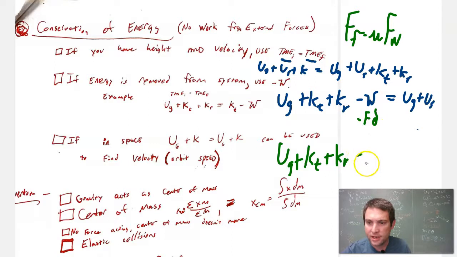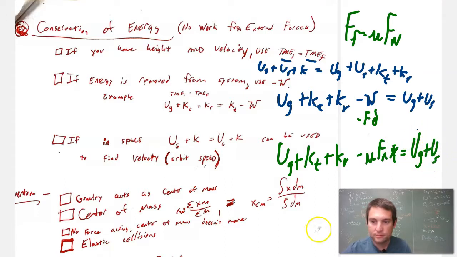So we can subtract out mu times Fn times our displacement, X, D, Y, whatever it is you're using, equals whatever energies we have in the end. And that'll work for you. You can solve for it. Just remember, if you're on a ramp, Fn is not equal to mg. Fn equals mg cosine theta. So this would be mu mg cosine theta if you are on a ramp.